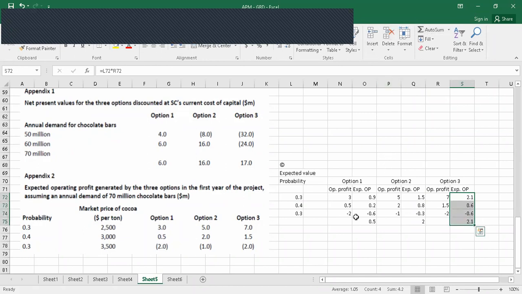Okay. So based on expected values, whichever has the highest value, which is option 3. So if the investor is risk neutral, then option 3 will be selected because it has the highest expected value. So option 3 would be chosen.